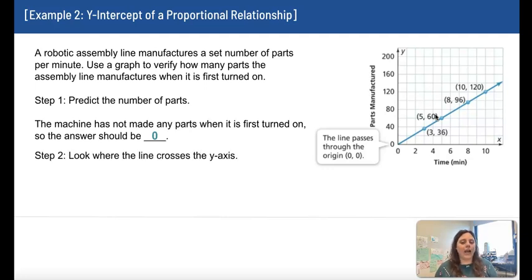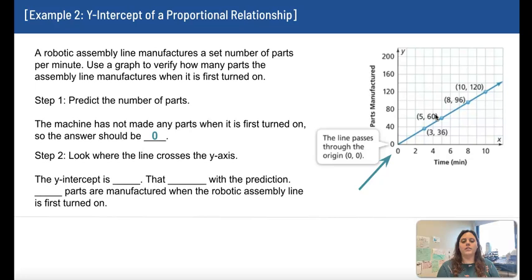When we look at the graph of this, we look at where the line crosses the y-axis. Because this represents 0 minutes, this would also represent the amount of parts that are created when it is first turned on. So we see that the line crosses and the y-intercept is 0.